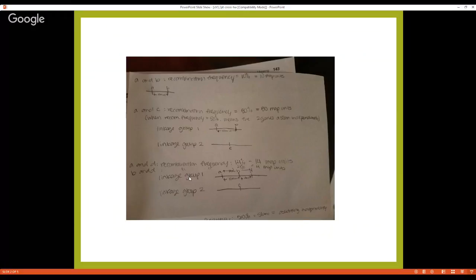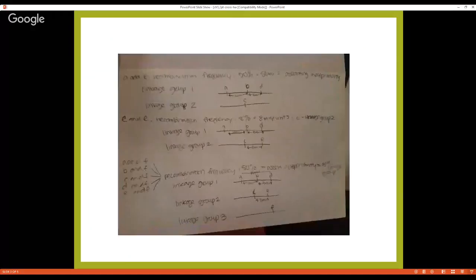So I did them both right here. In linkage group 1, we now have A, B, and D. A and B are still 10 map units apart, B and D are 4 map units apart, and A and D are 14 map units apart. C is still on linkage group 2.